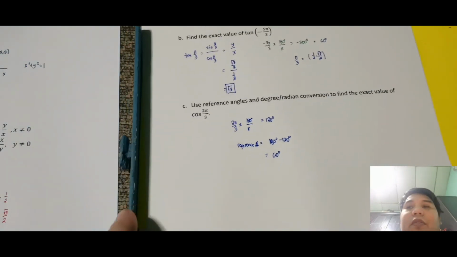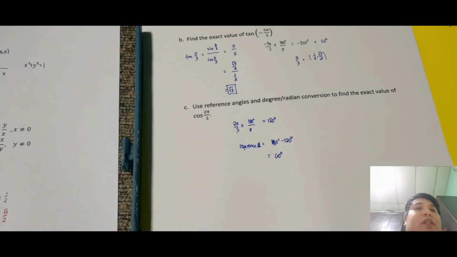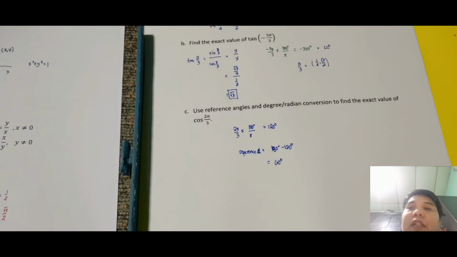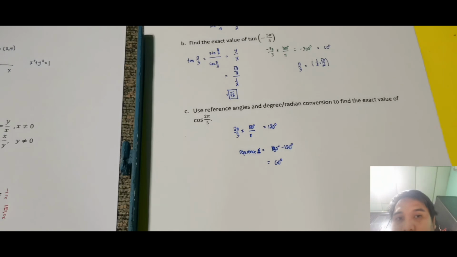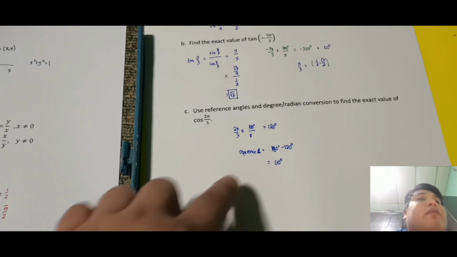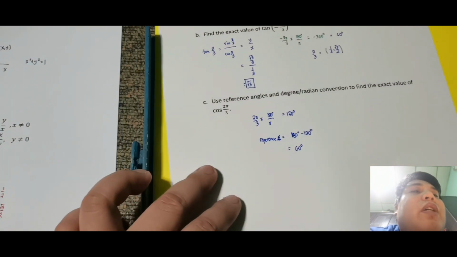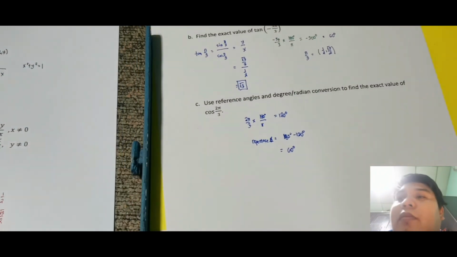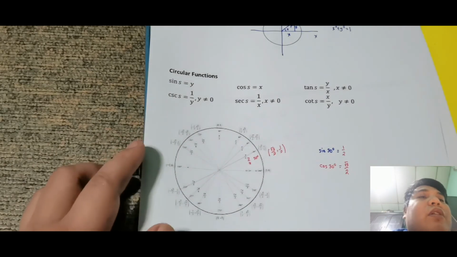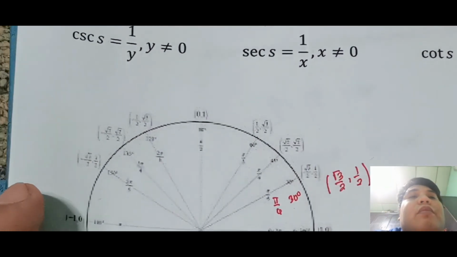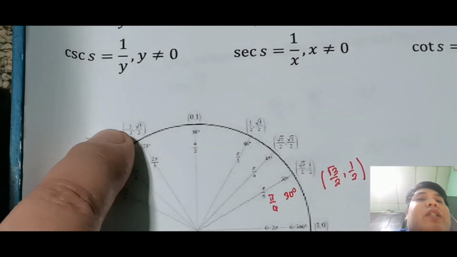Okay, so we are asked to compute the cosine of 60 degrees. What is the cosine of 60 degrees? Wait, find the exact value. So check cosine 120 degrees based on this. For cosine 120 degrees, its x is negative 1/2.